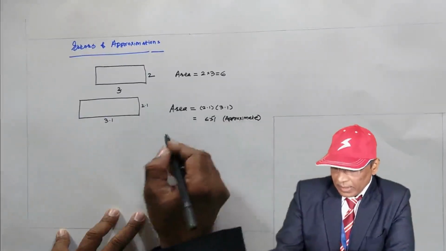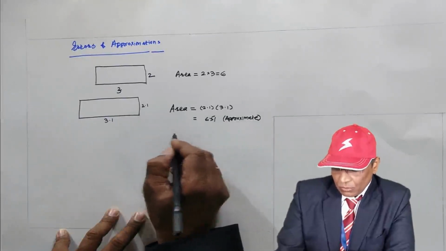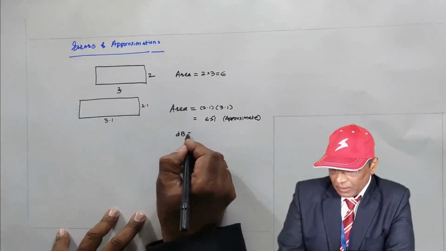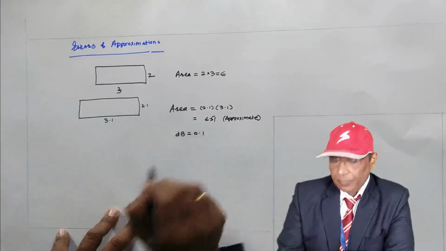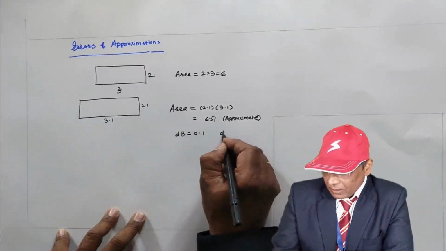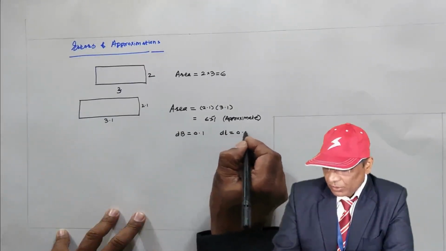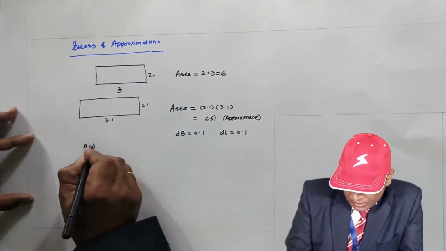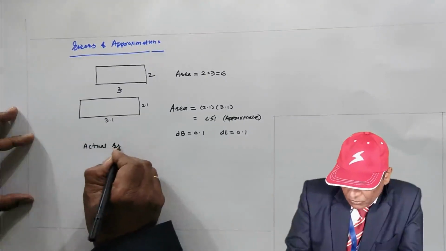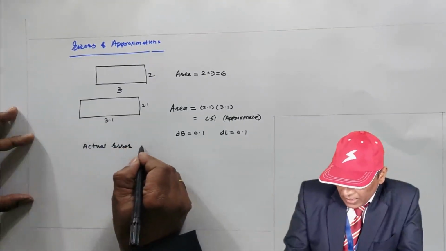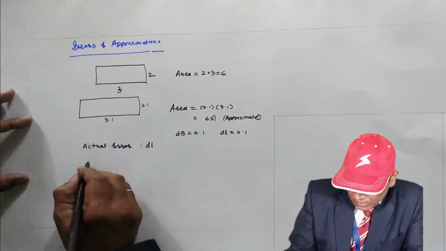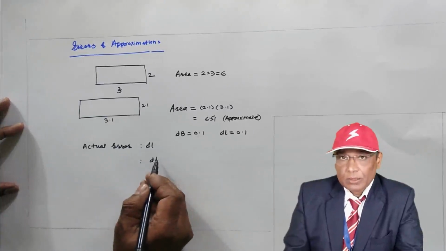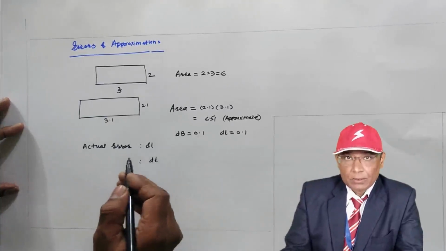In short I am writing like this: error in breadth is 0.1 and error in length dl is 0.1. Now the actual error while calculating length is dl, and this dl is the actual error made while measuring length.